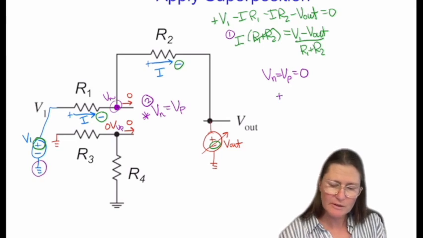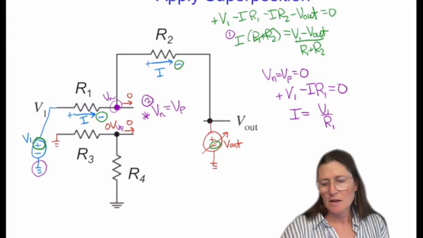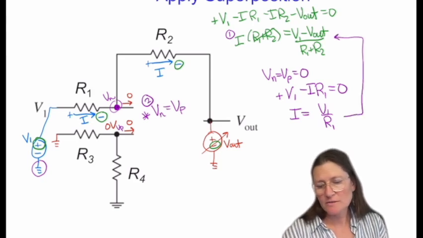So plus V1 minus I R1 equals 0, and this gives me I is equal to V1 over R1. And that equals this. Or I can plug it into the first equation.